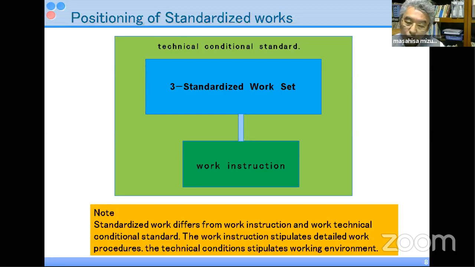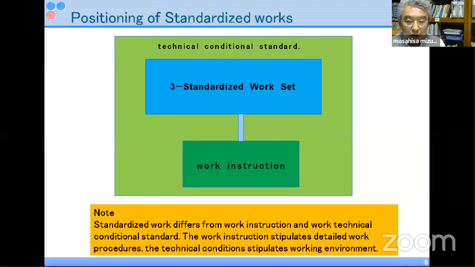Firstly, if you have heard of the standardized work set, somebody may understand it as very similar to the work instruction. It's very different. The standardized work set is very different from the technical condition standard and work instruction.